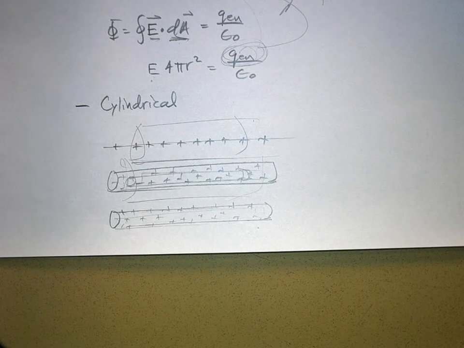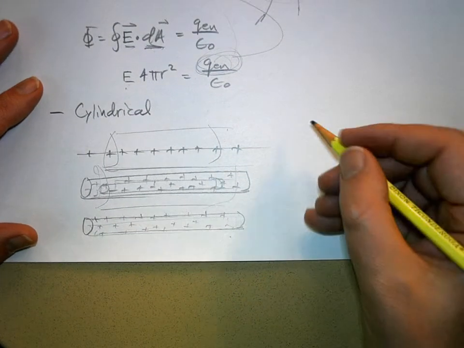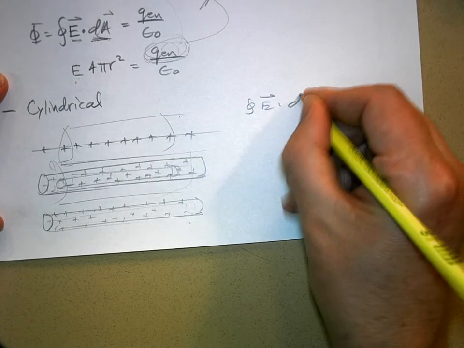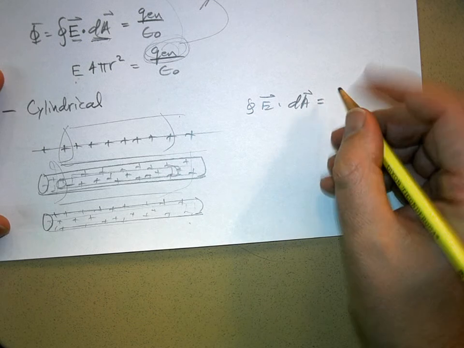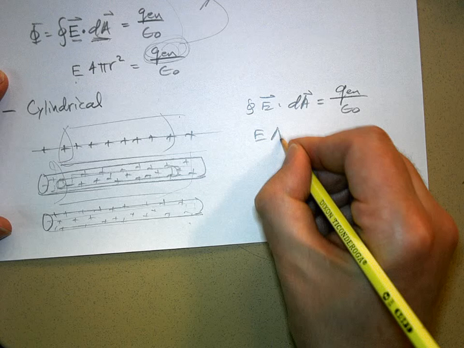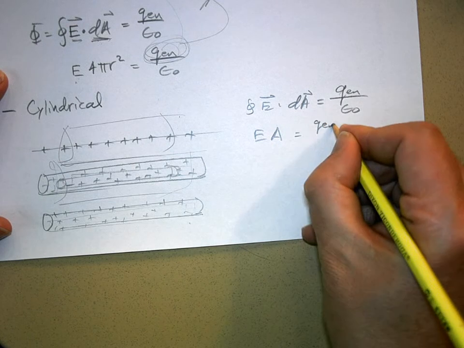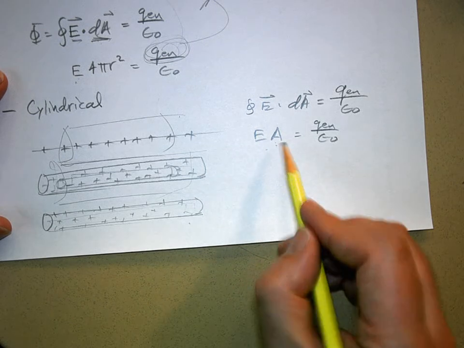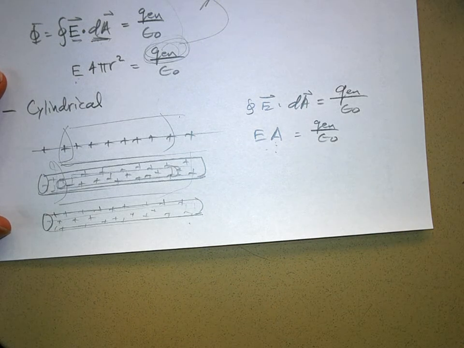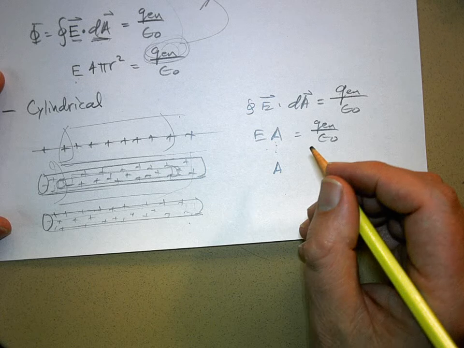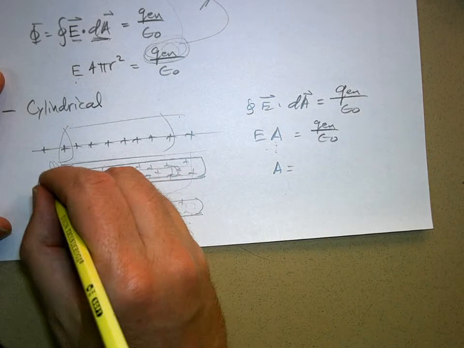Well, you go E dot dA for this equals the charge enclosed over epsilon naught. It'll be E times A, if you choose your Gaussian surface correctly. And what is the area of a cylinder that matters? You need to know that the area of a cylinder is 2 pi r times the length.